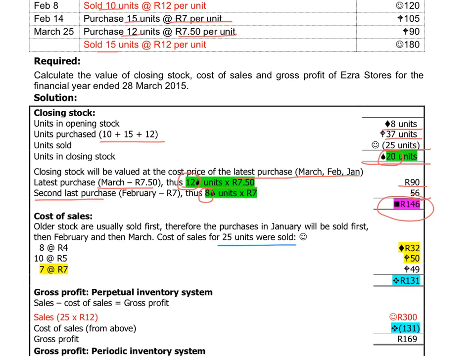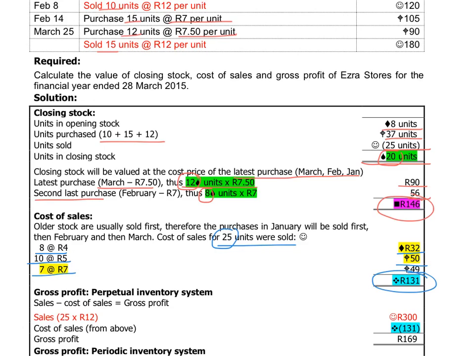At the beginning of the year, we had 8 units that cost R4, so that was R32. Then secondly, we bought 10 units at R5, cost R50. The total units must be 25, so 25 minus 18 means that from the third purchase we still have 7 units left over, R49, so our cost of sales is 131.